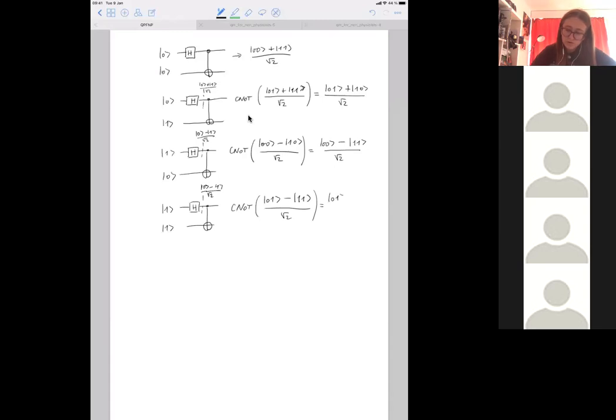We get 0, 1 minus 1, 0 over square root of 2. So our conclusion is that this operation of applying Hadamard and the C-not gets us from the computational basis to the Bell basis.